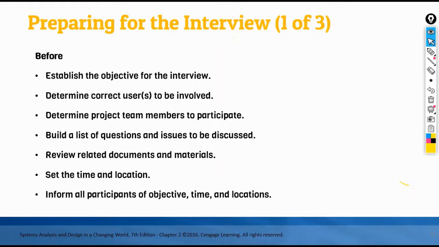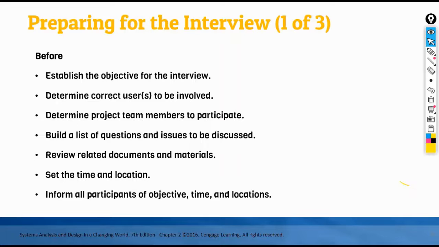Now, how do you do an interview? An interview with a user or stakeholder requires planning and preparation. Without proper preparation, the interview can waste valuable time and can even fail to discover important information. Every successful interview requires preparation.